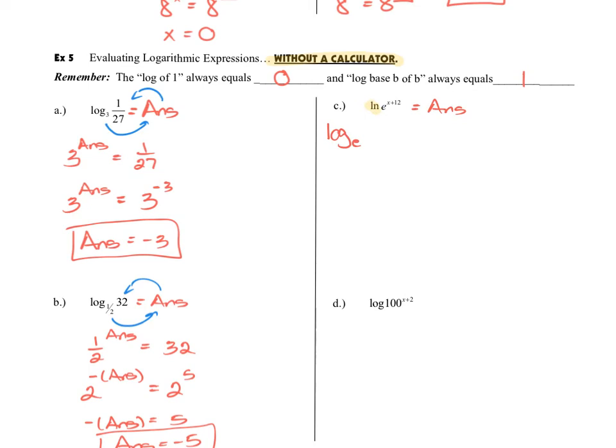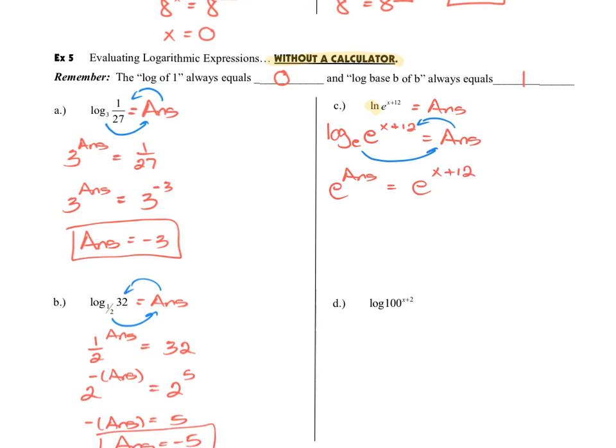So the ln becomes the log base e. Then I'll still have my e to the x plus 12 equals my answer. I'm going to convert now to my exponential form. So I'll have e to the answer equals e to the x plus 12.